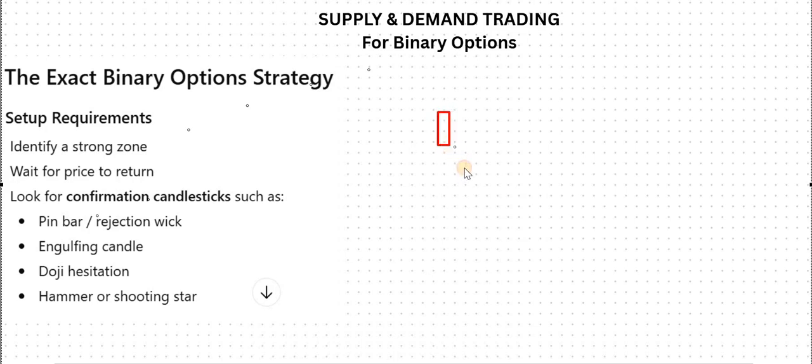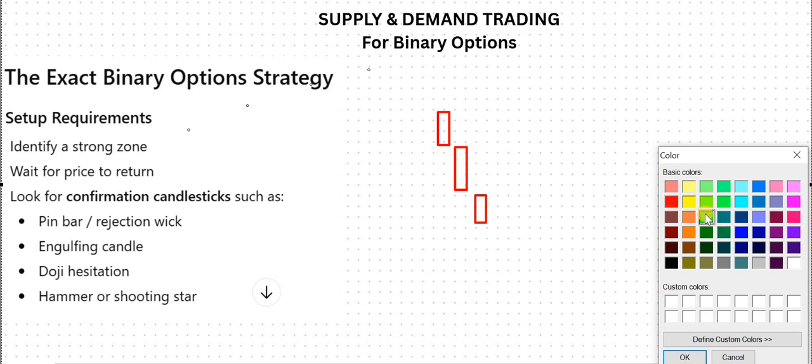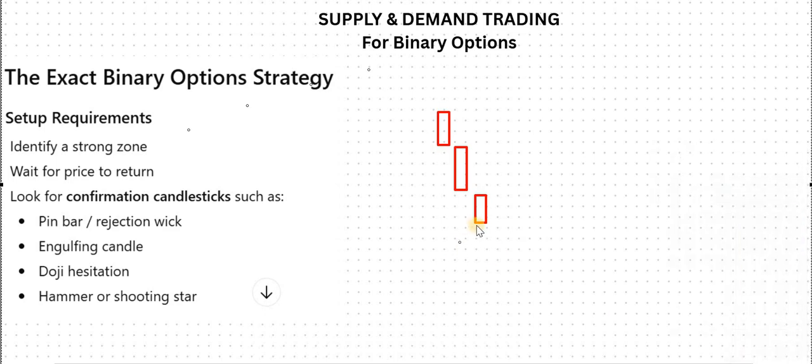I've said this before, but I'll do it again. This, and this. Now we have an opposite candlestick that is going to form the supply. We have this opposite candlestick here. Let's say 1, 2, 3.